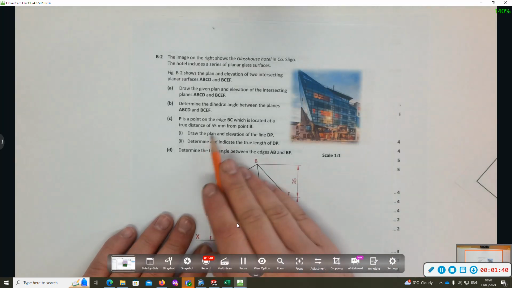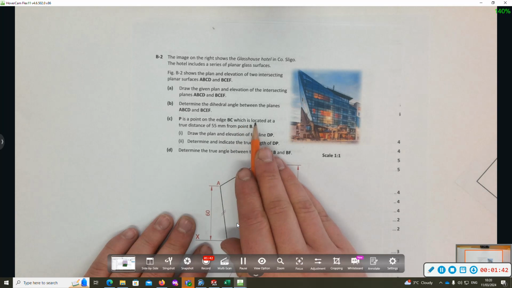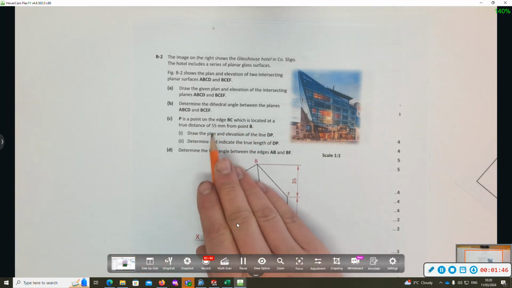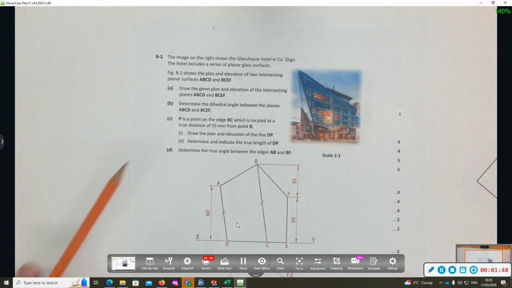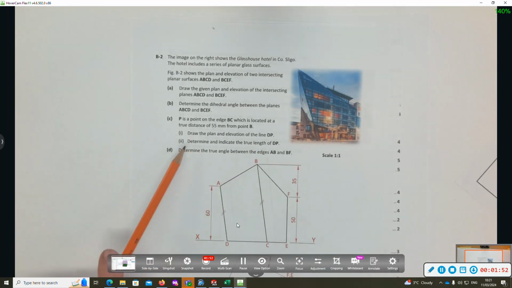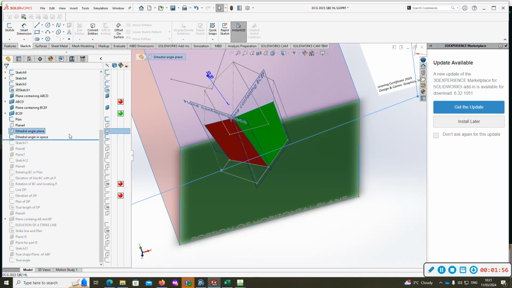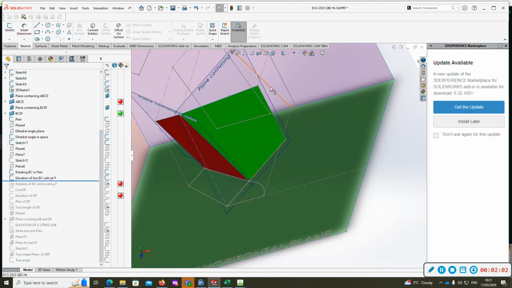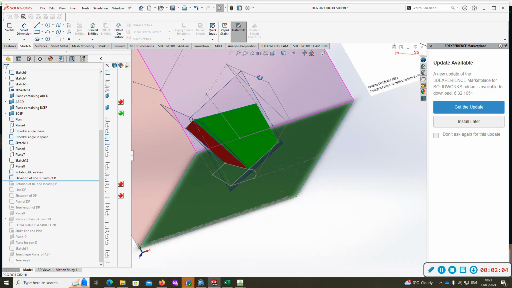Now, part C: point P is on the edge BC. Locate a true distance of 55 from point B. Draw the plan and elevation of a line D to P and determine the true length of the line D to P. So I can get the true length of line BC and mark 55 in it.